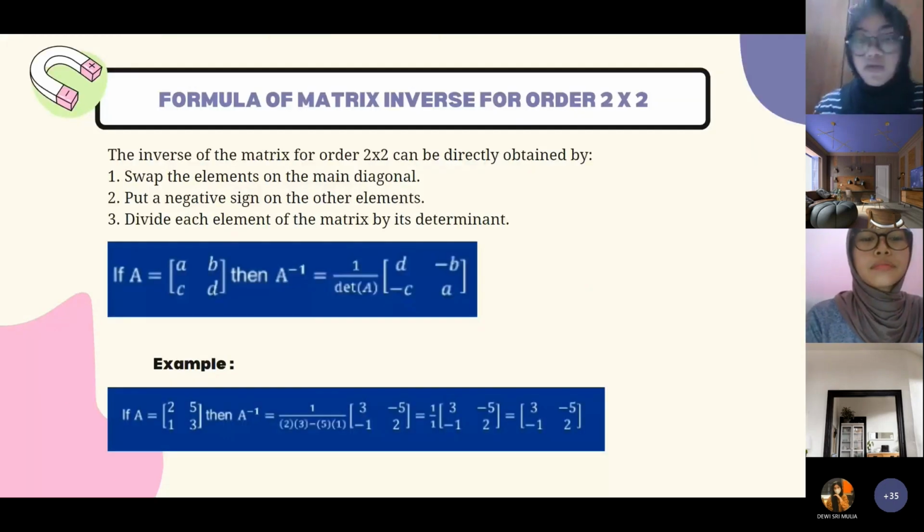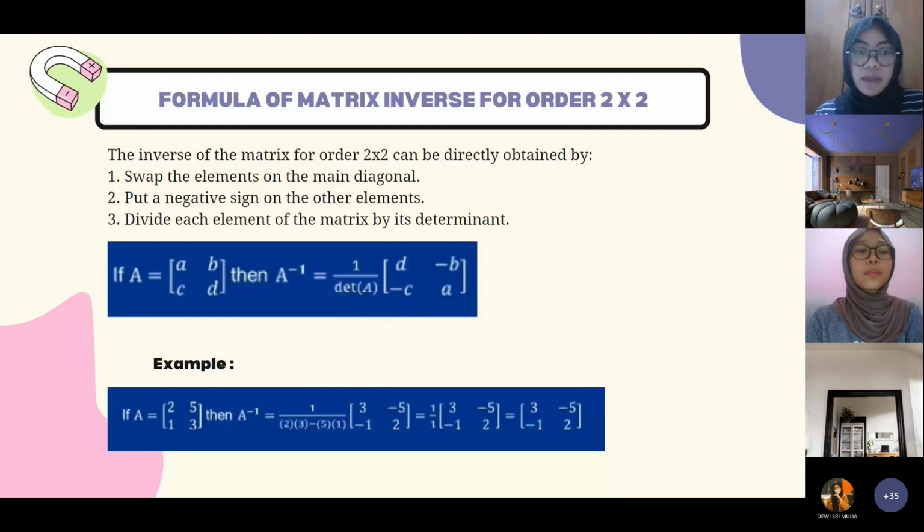Formula of matrix inverse for order 2 by 2. The inverse of a matrix of order 2 by 2 can be directly obtained by, first, swapping the elements on the main diagonal. Second, putting a negative sign on the other elements. Third, dividing each element of the matrix by its determinant. The formula is like this.